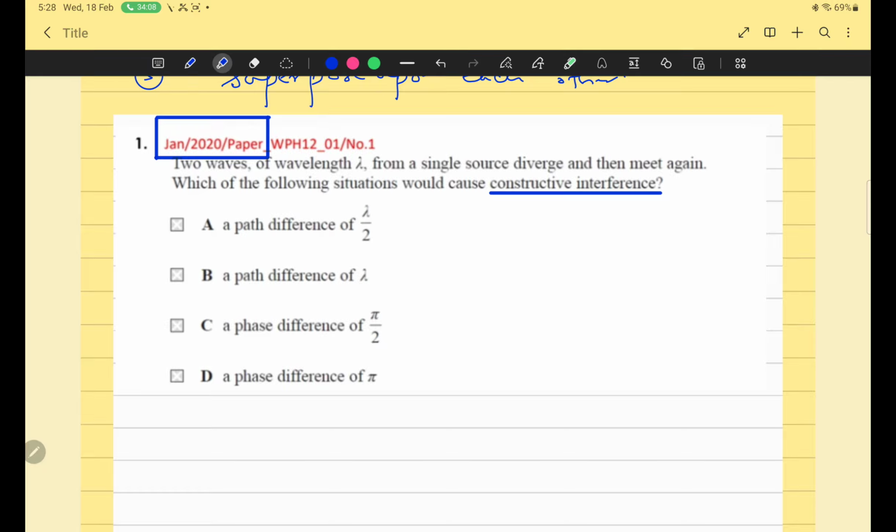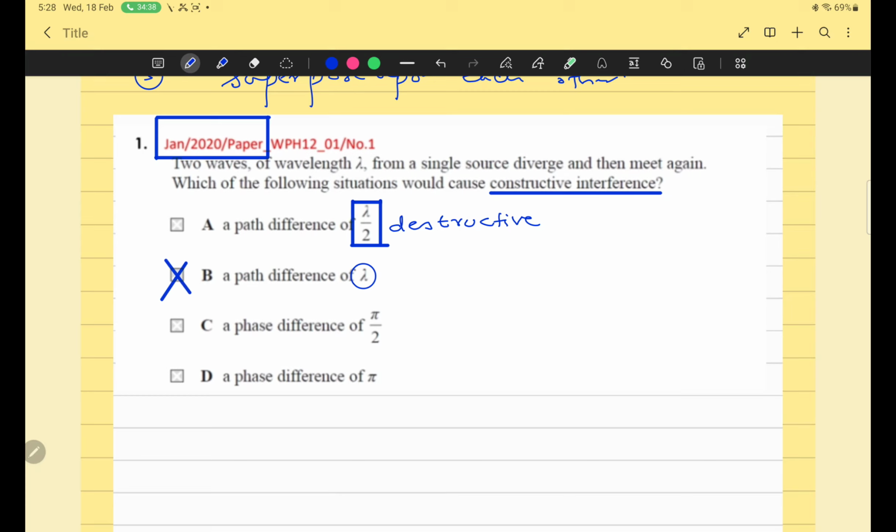Oh no. If the path difference is lambda by 2, 3 lambda by 2, 5 lambda by 2, it is the condition of destructive interference. If the path difference is 1 lambda, 2 lambda, 3 lambda, 4 lambda, 5 lambda, yes, this is the condition of constructive interference. In options C and D, they are talking about the phase difference, not the path difference.